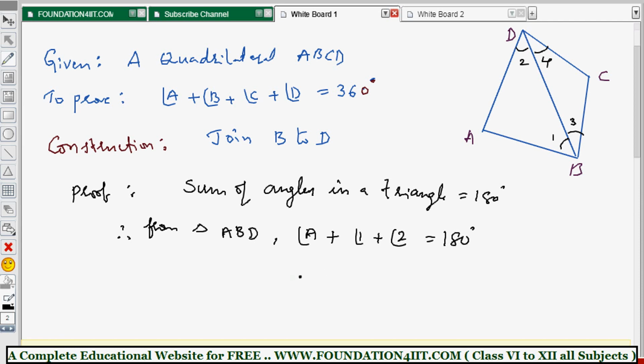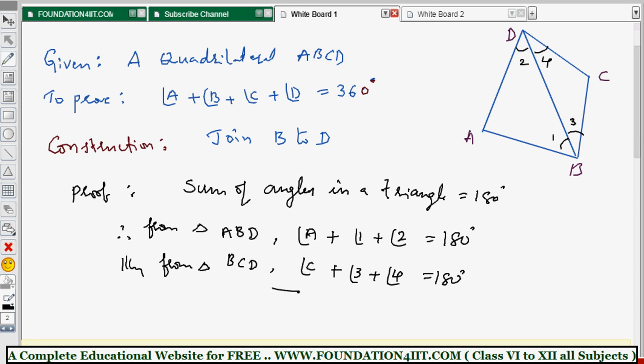We know it. And similarly from the other one, BCD: angle C plus angle 3 plus angle 4 is equal to 180 degrees.